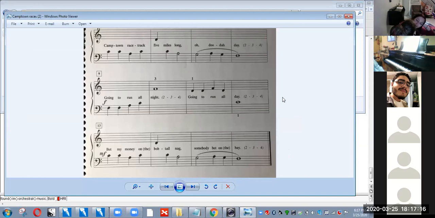Going to measure 9. "Going to run on." Okay, that's a note. "Going to run", that's A? "Going to run", the run, that's a note.